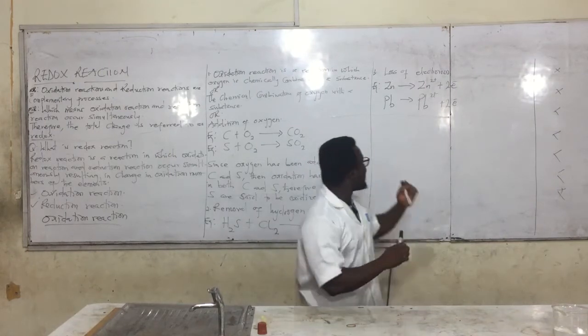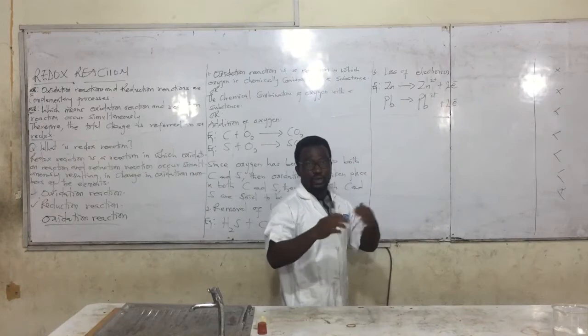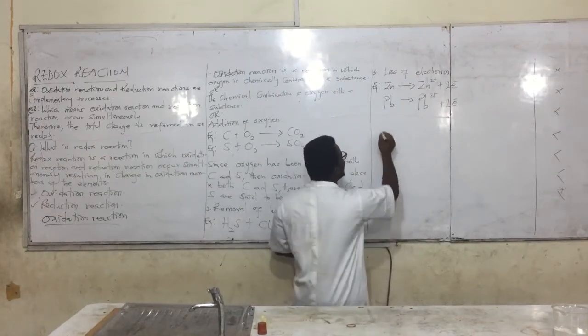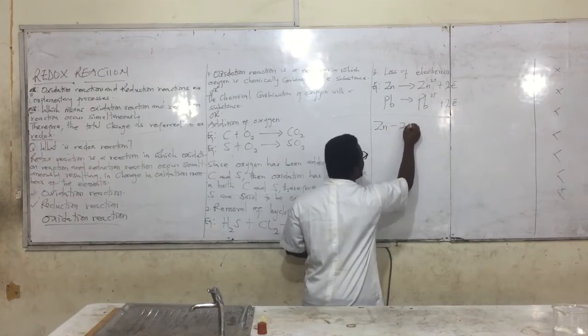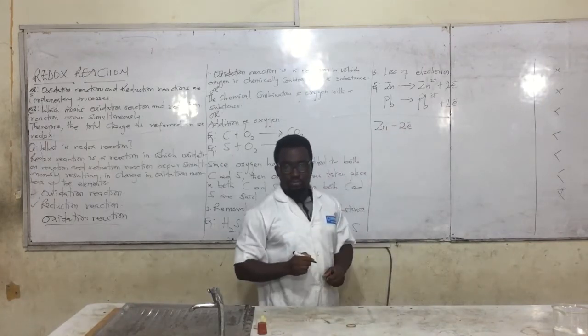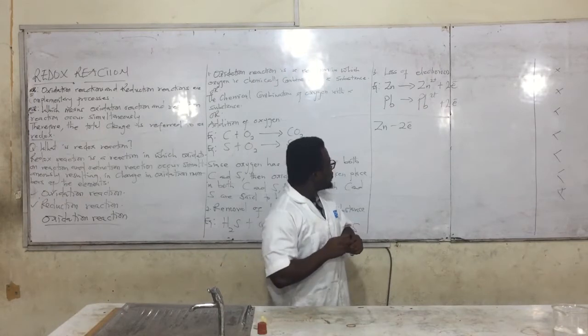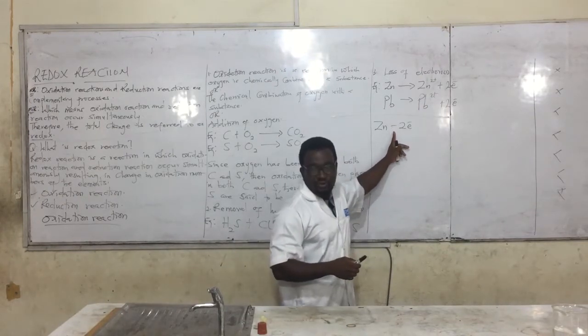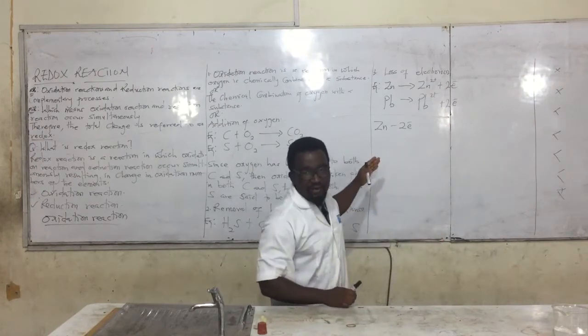In fact, we can represent these 2 equations also in another form so that you don't get confused. We can look at Zn minus 2e to produce Zn2+. To say oxidation has taken place, that is when we subtract electrons from the left hand side of the equation.